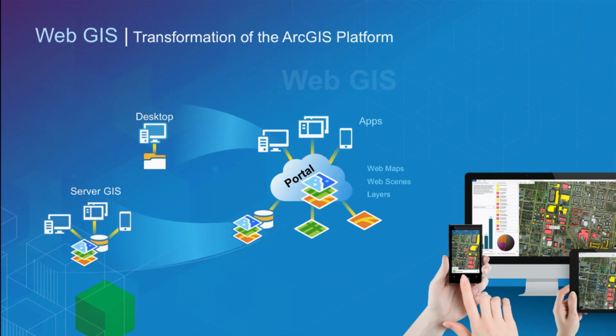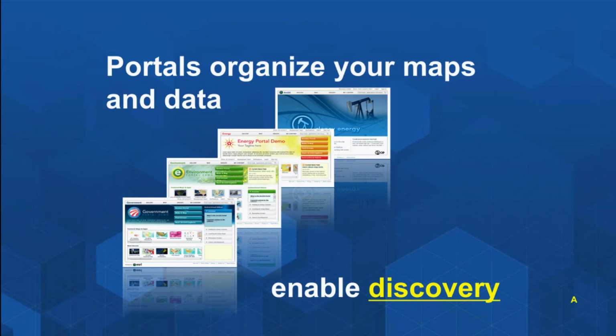Now, runtime is just a small part of this overall Web GIS model that the ArcGIS platform enables. What's at the heart of this platform, or this new Web GIS model, is the portal. And it is this portal that allows your organizations to organize your maps and data. It's really like a content management system for GIS data.